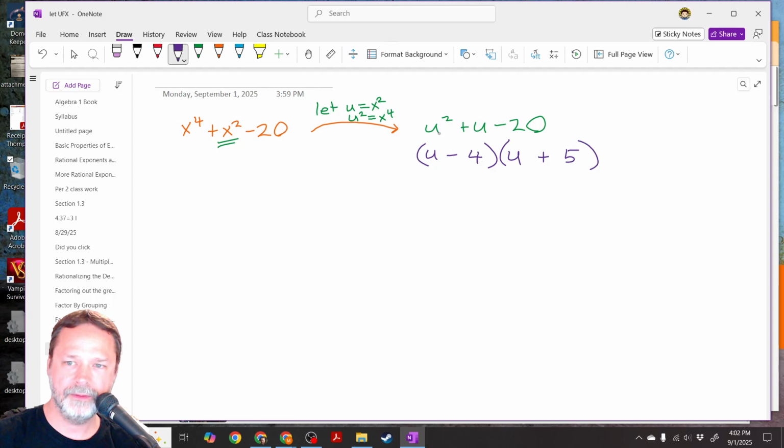U times u is u squared. I just got to make sure, did I get that middle term right? So I can multiply this out, just to be sure. I'll do a little scratch work off to the side here because I'm not done. So let's just see what happens. u minus 4 times u plus 5.